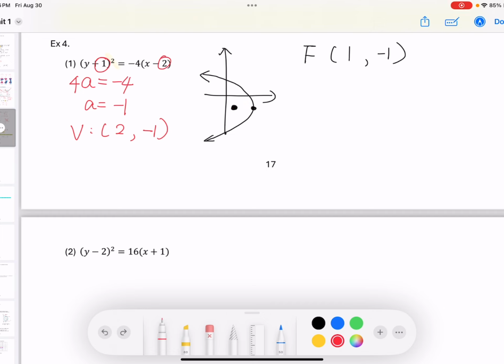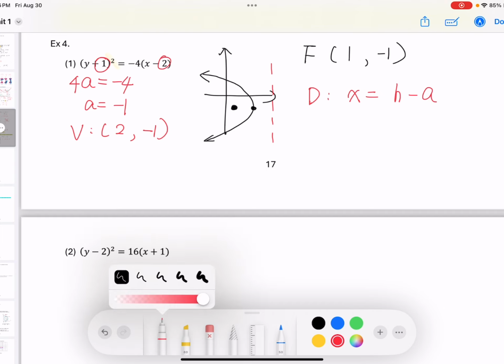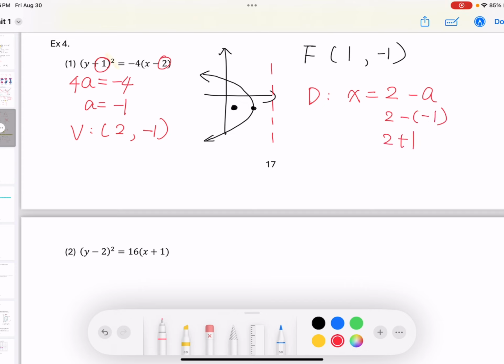How about the directrix? The directrix is a vertical line. A vertical line has the form x is equal to what? We have learned we will use h minus A. H is 2, and then minus A: 2 minus -1 is 2 plus 1, which is 3.